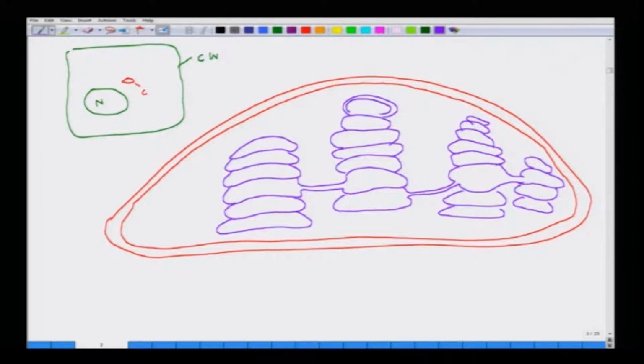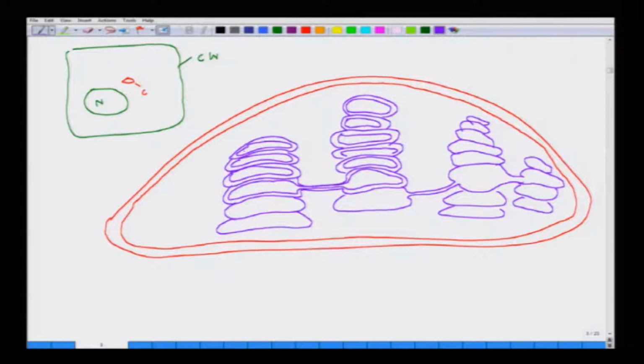One of the beauties of most of these structures is that they are all double membranous. So this is how the structure looks.